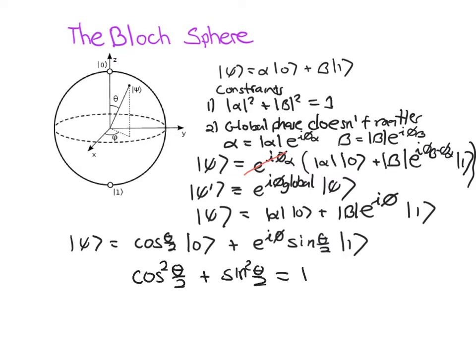And that's clearly going to be equal to 1 for any choice of the angle theta. Okay, so given that, we can specify the state of the qubit just by specifying these two angles, theta and phi.